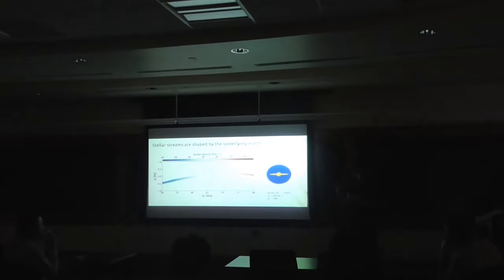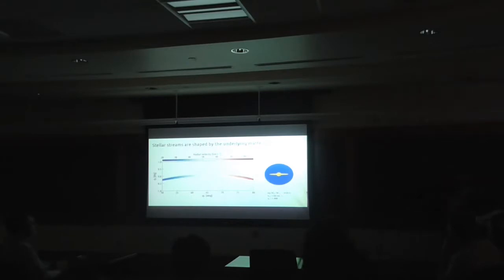So we can almost, from the shape of the stream, and I guess not just shape on the sky, but also distances and velocities, backtrack what the potential, or the distribution of matter in the galaxy, is. So if you watch closely, you can see that some changes in the galaxy produce the same effect in the stream, so there are degeneracies.